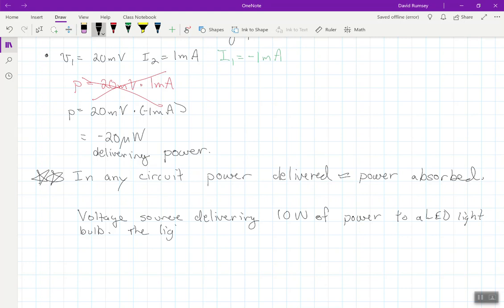The light bulb absorbs 9 watts of power.